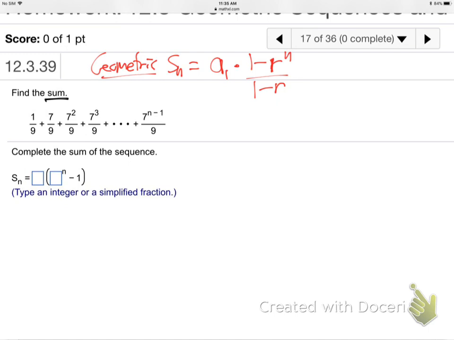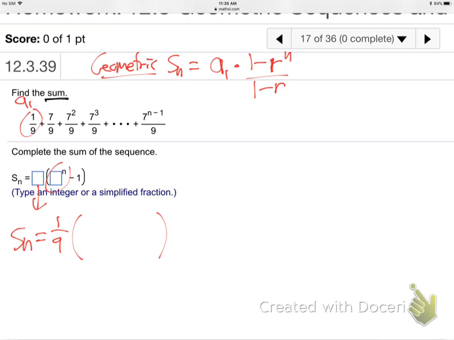So right here, there is the A1. So S sub n equals the A1. What's the A1? 1/9. That's the first term, huh? 1/9. And then something to the n minus 1. 7/9.